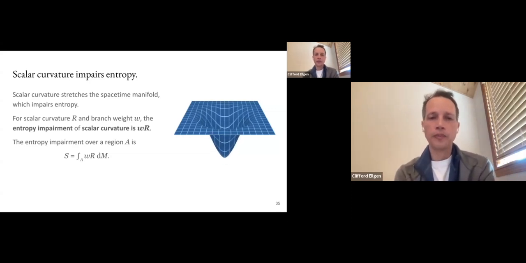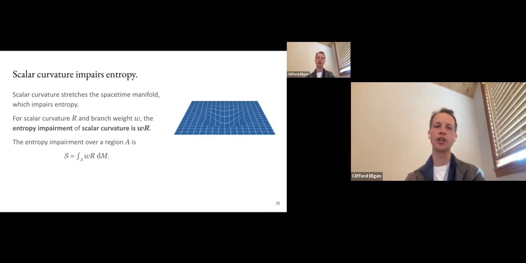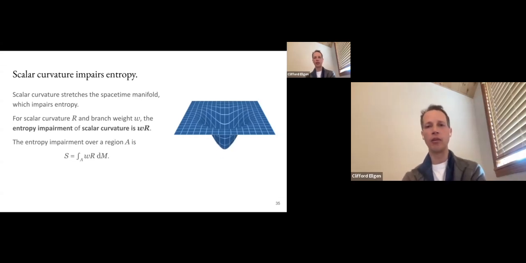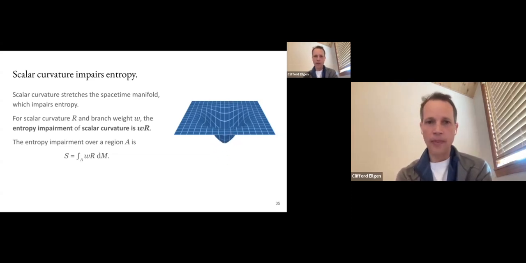And so while the entropy reduction is in proportion to the scalar curvature R, it is also in proportion to the number of branches, and our proxy for the number of branches that are pulling back against that curvature, we're going to use the branch weight W. So W, the total branch weight on all these branches, is an approximation of how many branches there are.